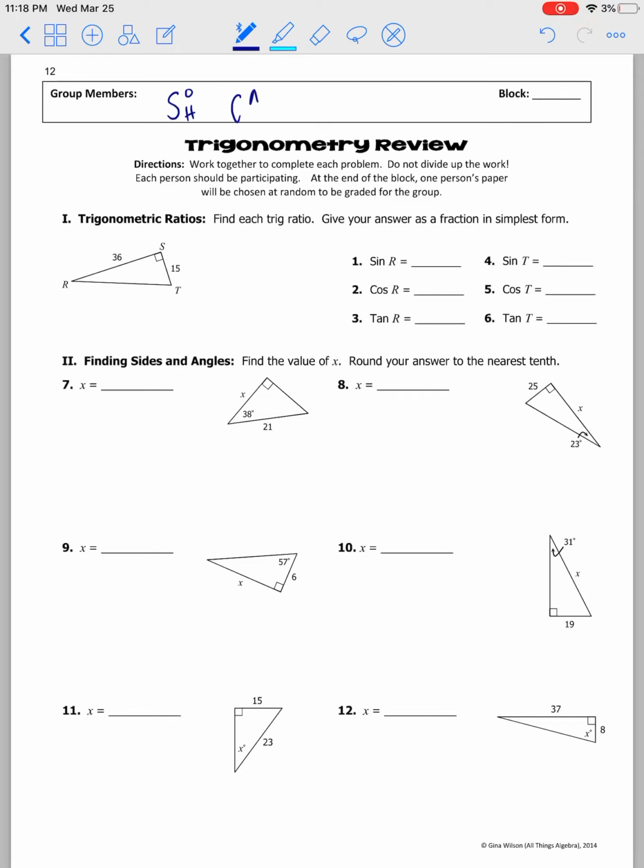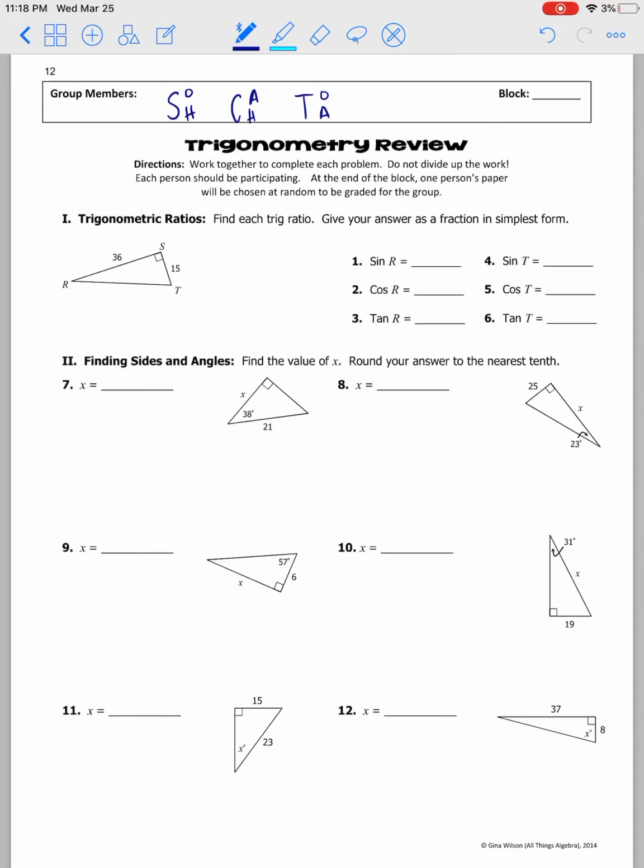That is the leg that is adjacent to our angle over the hypotenuse. Remember, adjacent means the one that's next to it, but that's not the hypotenuse. If the hypotenuse is next to it, which it will be, that's not the one we're talking about. We're talking about the other one. And then tangent is opposite over adjacent.